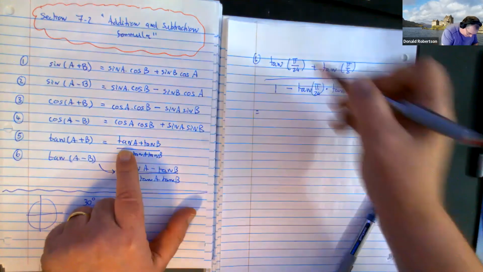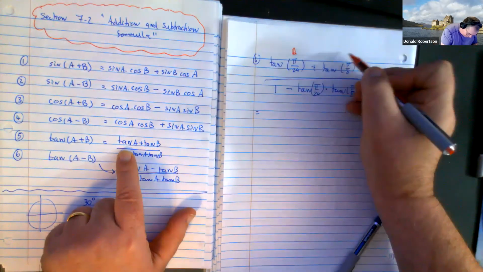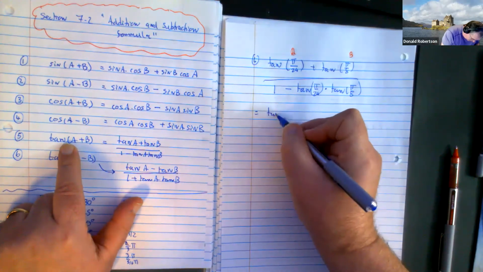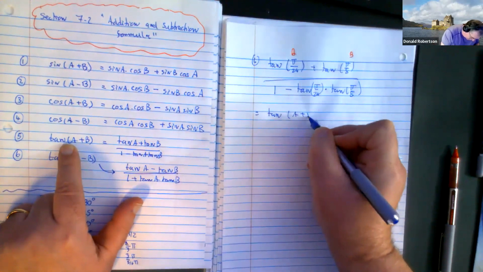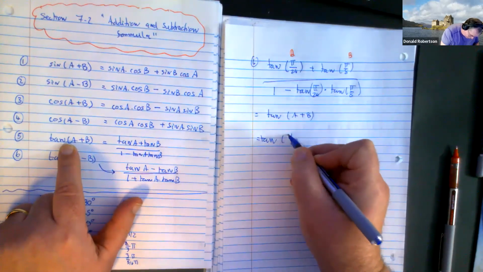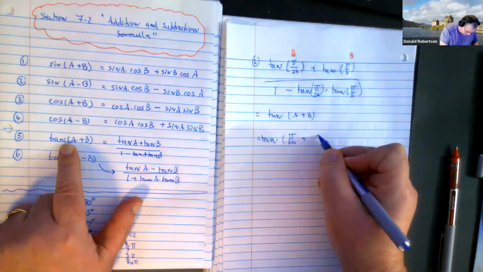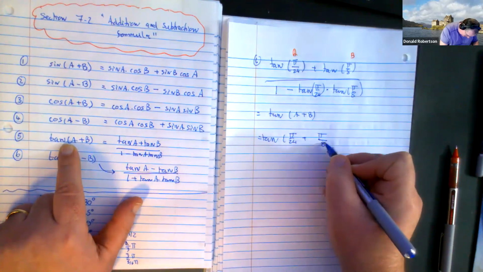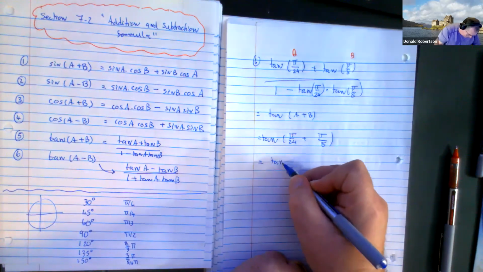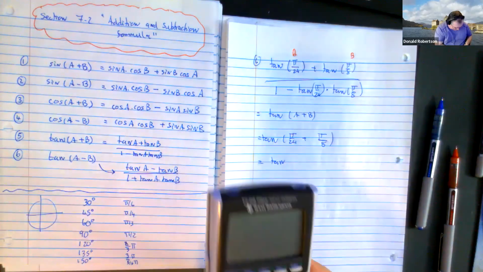So in this case, that's A, and this guy here is B. And this is the tan of A plus B. And this is the tan of pi over 24 plus pi over 8. Okay, let me show you a trick.